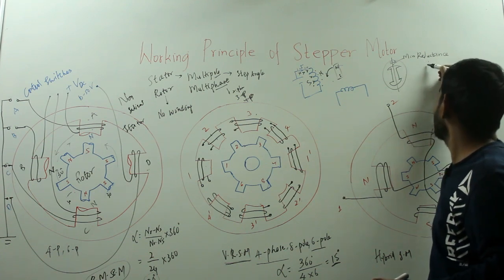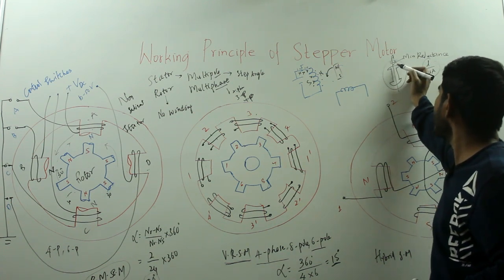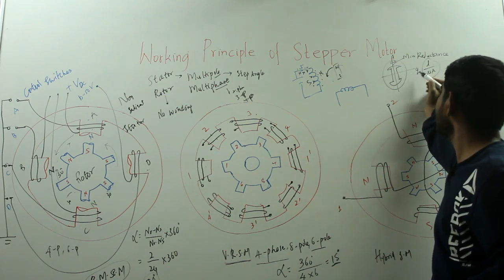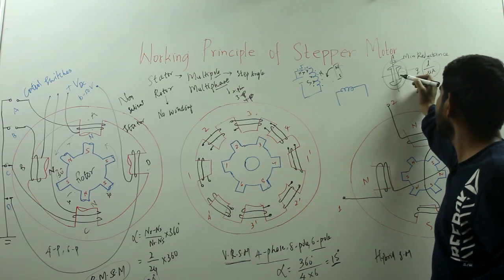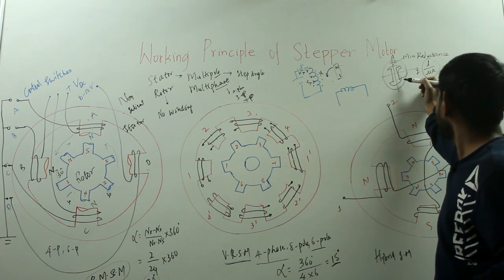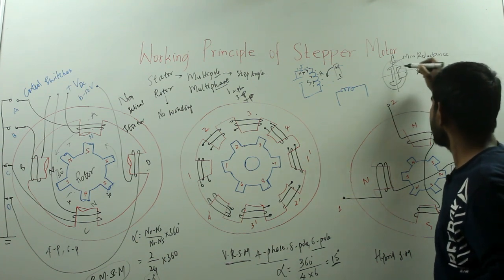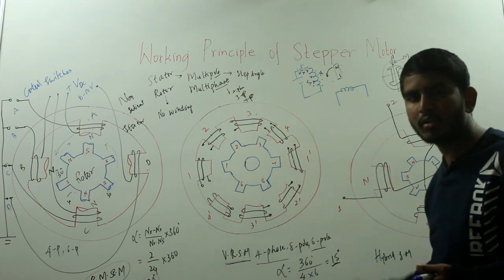Reluctance is given by L by mu into A. Here you can see in the direct axis there will be a minimum reluctance to the flux path, and this is your quadrature axis, where there is a large reluctance path. Due to the differences in the magnetic reluctances of these two axes, there will be a torque developed.